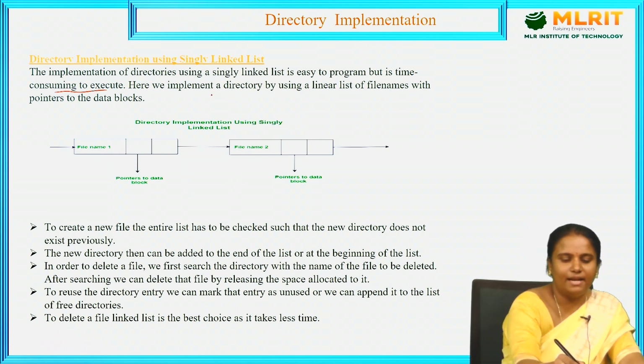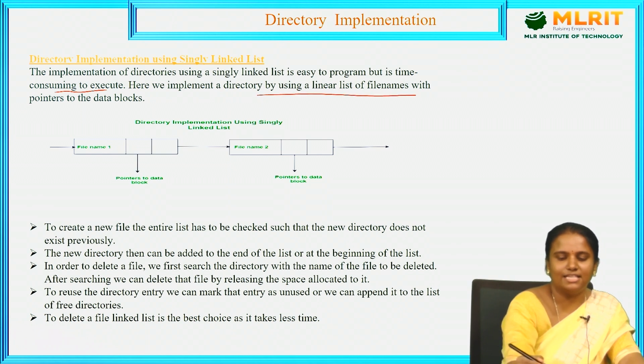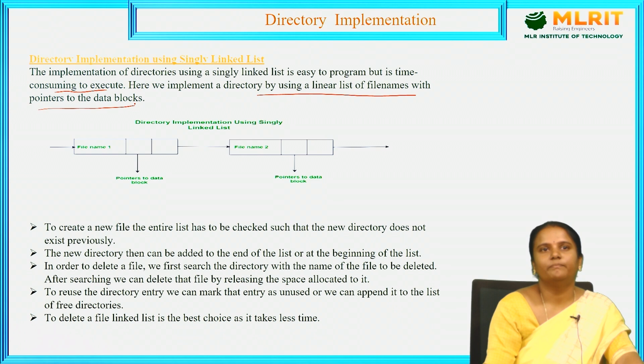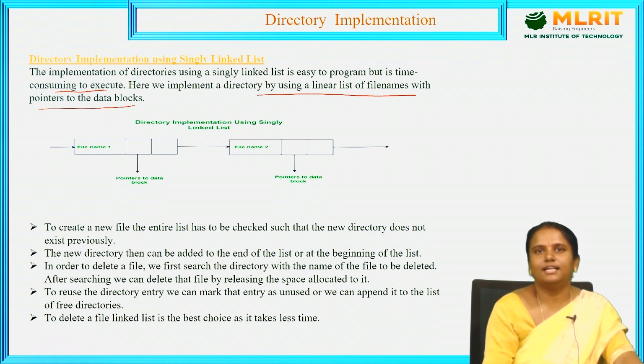Here we implement a directory by using a linear list of file names with pointers to the data blocks. A pointer is nothing but the address of the next item.